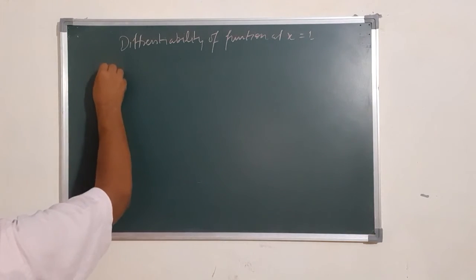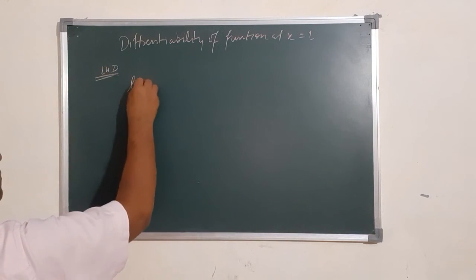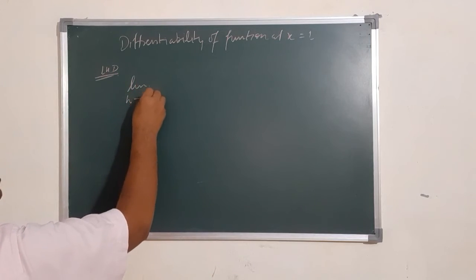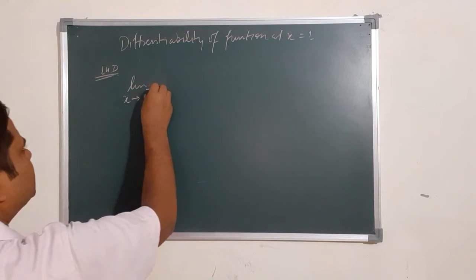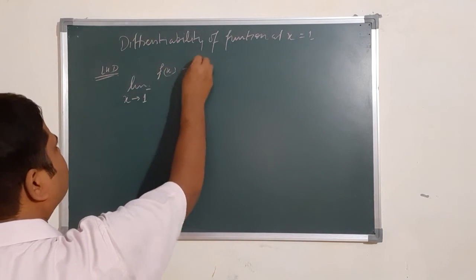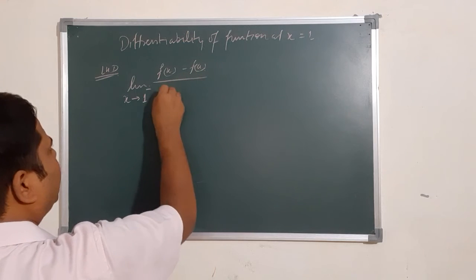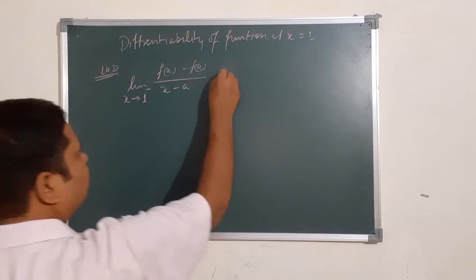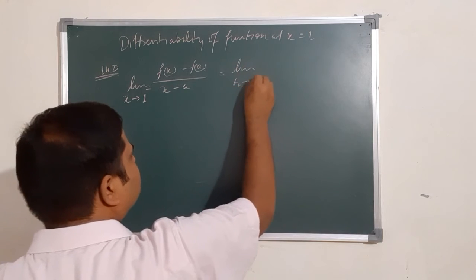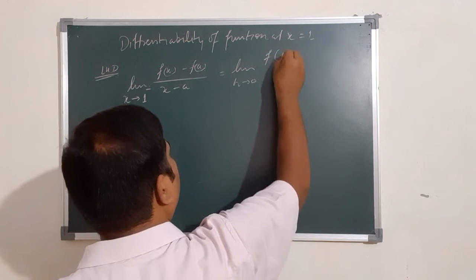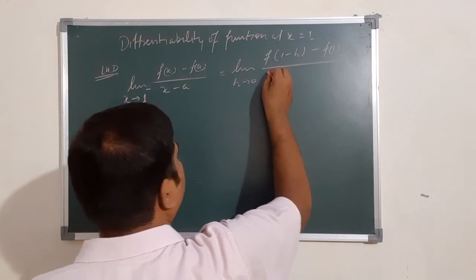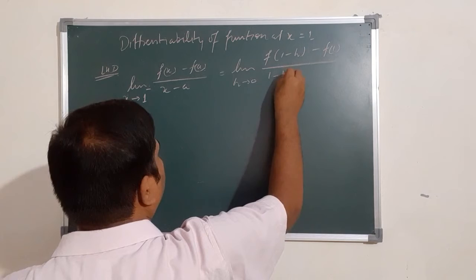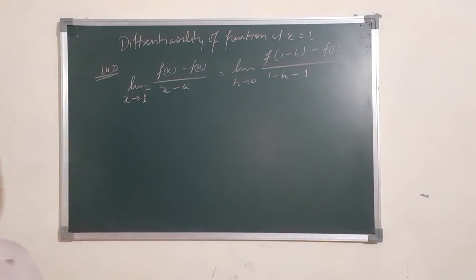So LHD, that means left-handed derivative, limit x tends to 1 minus, f(x) minus f(a) divided by x minus a. This is the definition. So if we write it, limit h tends to 0, then this is f(1 minus h) minus f(1) divided by 1 minus h minus 1. This is the definition. You know very well.